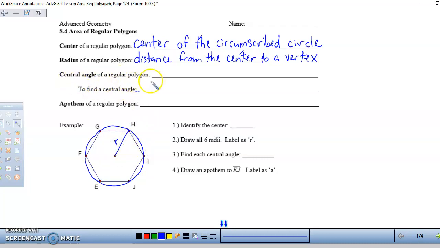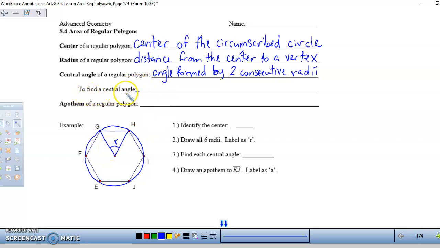Central angle. So that is the angle formed by, and we've done central angles in the circle chapter, the angle formed by two consecutive radii. Okay, so if I drew another radius in there, this would be my central angle.